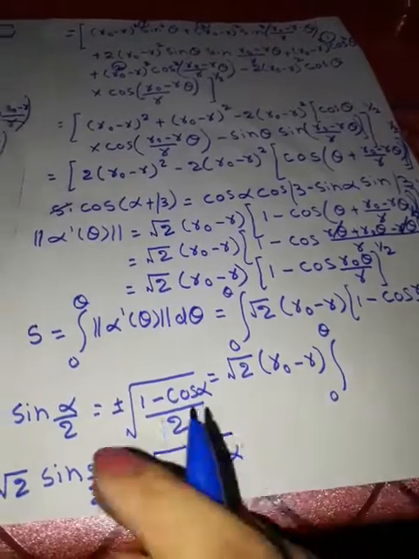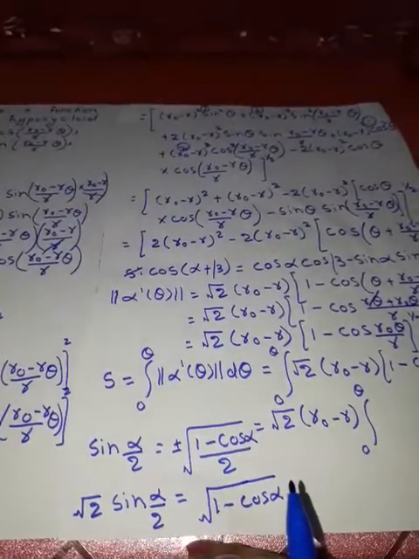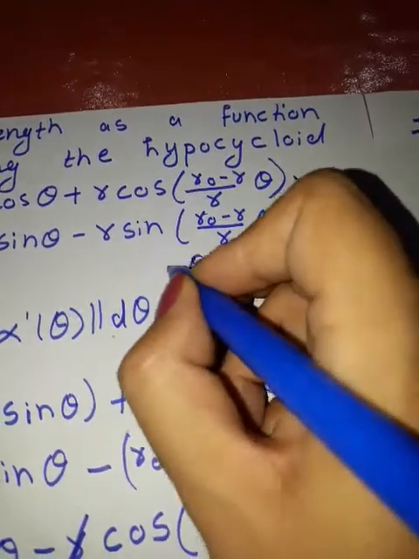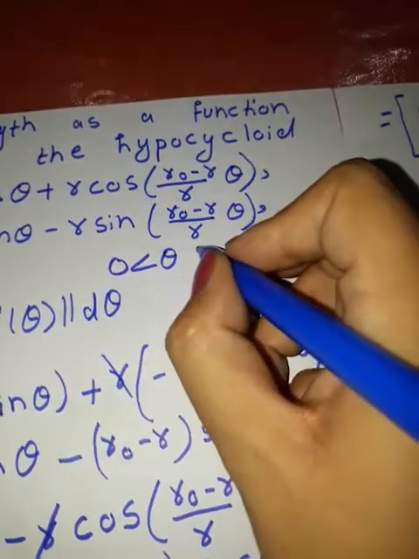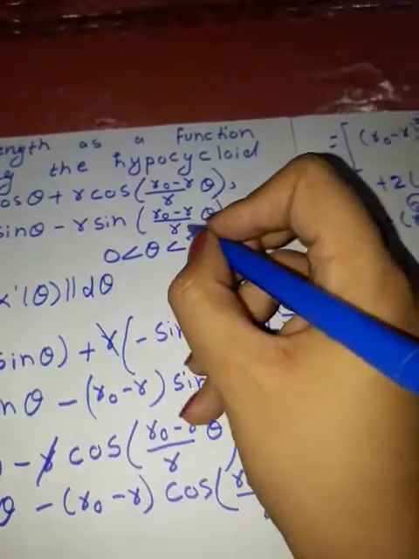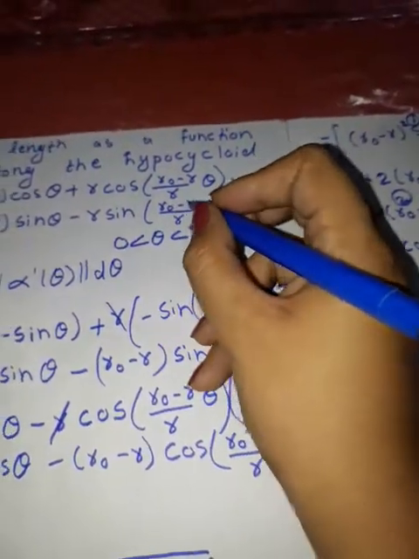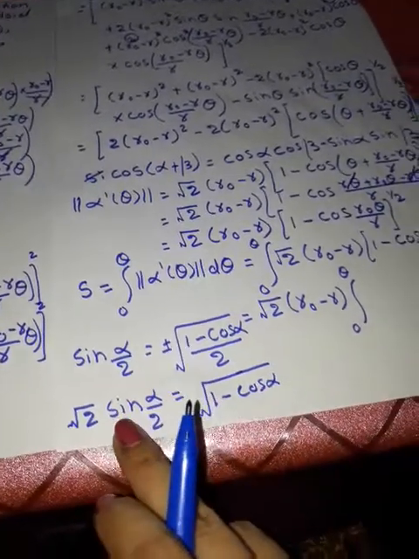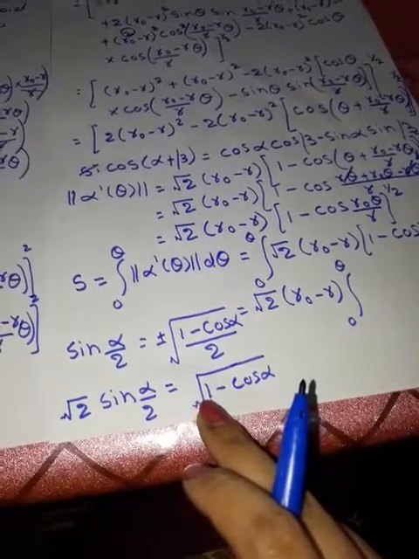Here I will avoid the negative sign because for hypocycloid theta is from 0 to 2 pi, and in this range sin alpha by 2 cannot give a negative value.